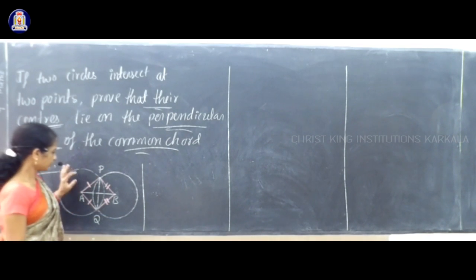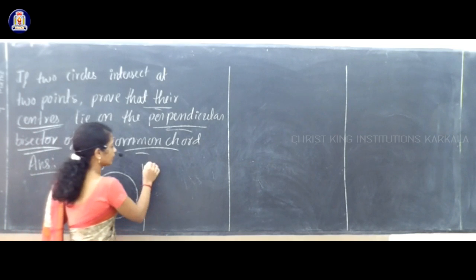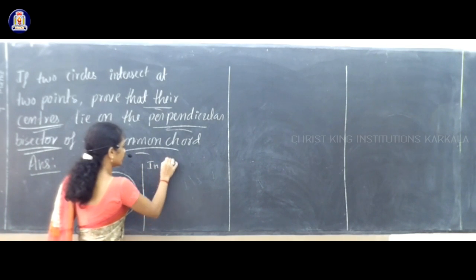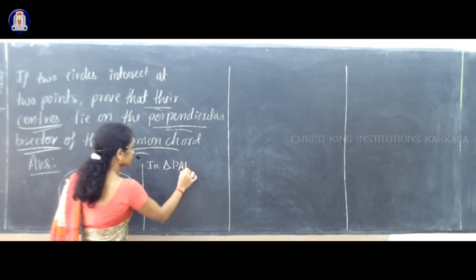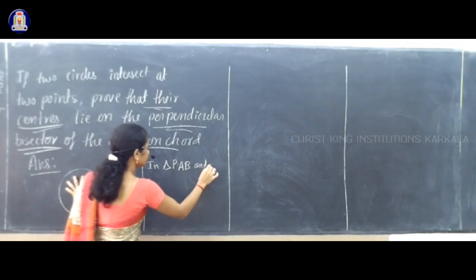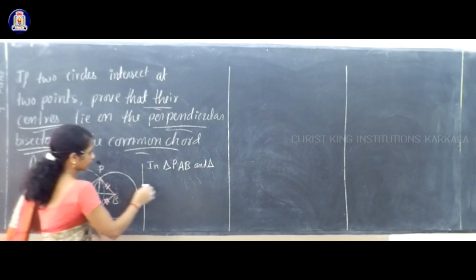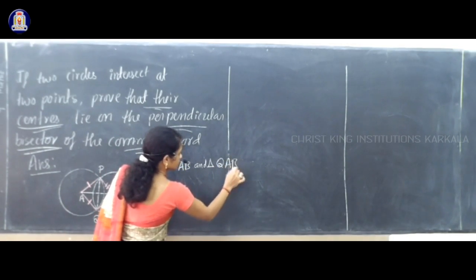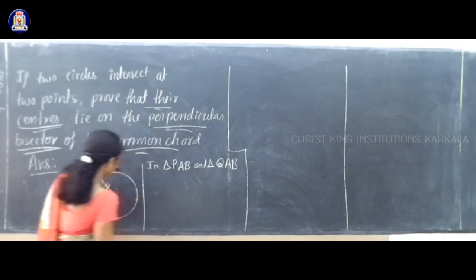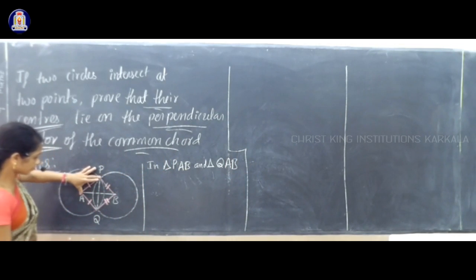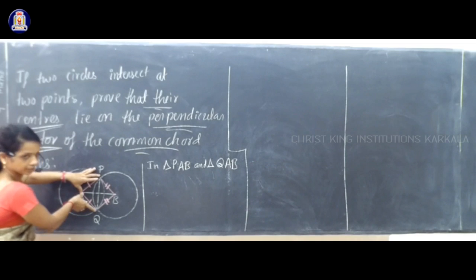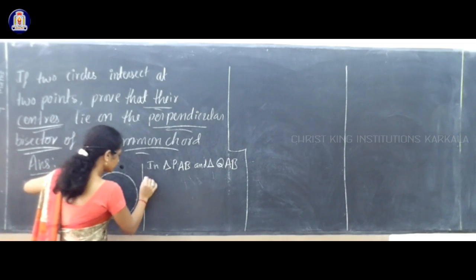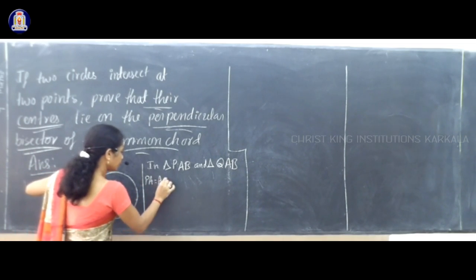Now we have to consider two triangles: triangle PAB and triangle QAB. What can we equate? For AP, which side is equal in the lower triangle? AQ. So PA is equal to AQ. Why?